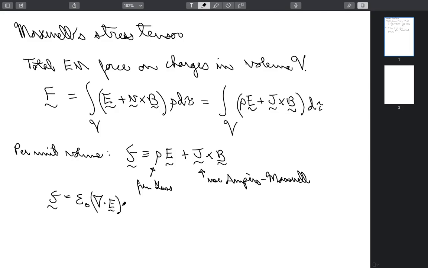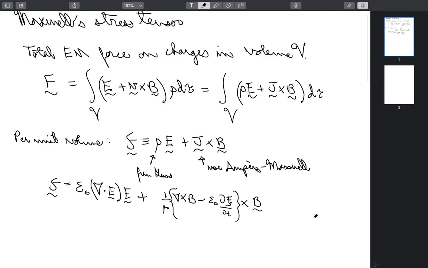So I have this, and I'll write little parentheses so we don't get too confused. And now substituting for the current here, I will get 1 over mu 0 with the curl of B minus epsilon 0 dE dt, big parentheses in front of that, or curly brackets, all of that crossed with B.